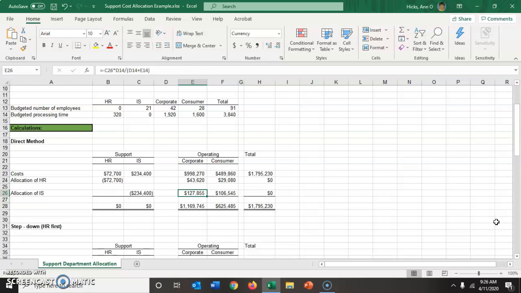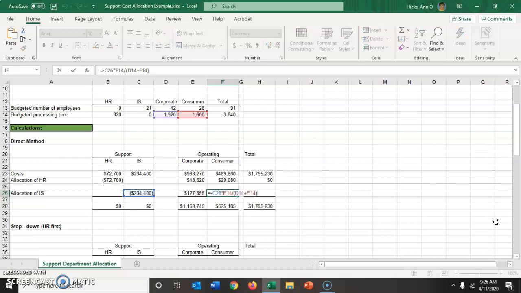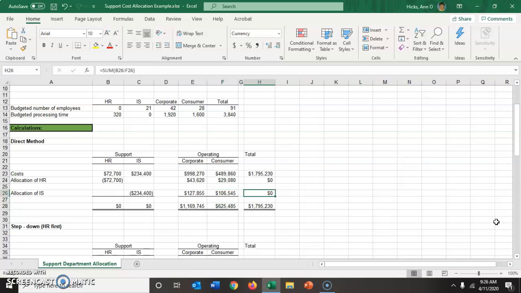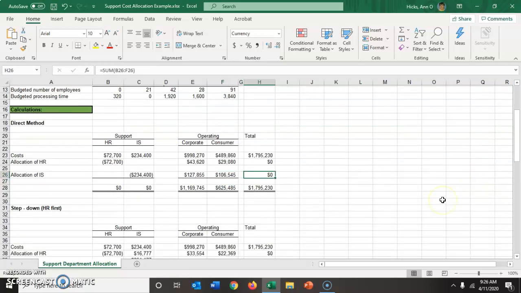Again, notice I'm ignoring the 320 hours that were spent on HR because we're not going to allocate anything to HR. Then in the consumer department, I've done exactly the same thing. The only difference is my numerator is the 1,600 hours from the consumer department. And again, I have a check figure to confirm that I did allocate the full $234,400.